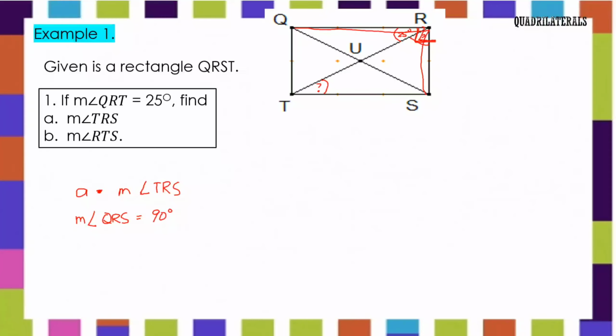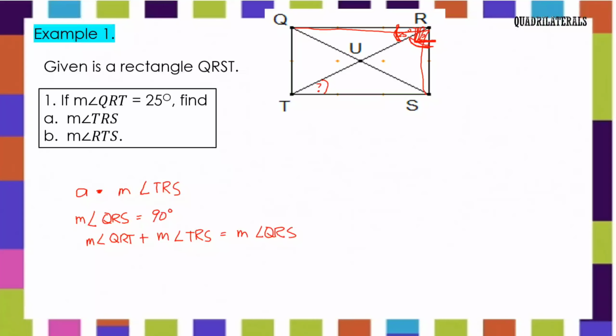So, since QRS is 90 degrees, we can say that the measure of angle QRT plus the measure of angle TRS is equal to the measure of angle QRS. Yung measure ng angle na to plus yung measure ng angle na to ay measure ng buong angle na to.